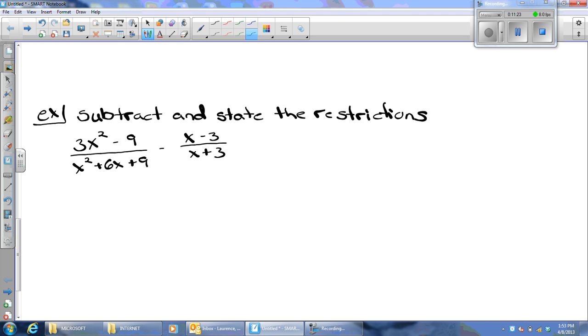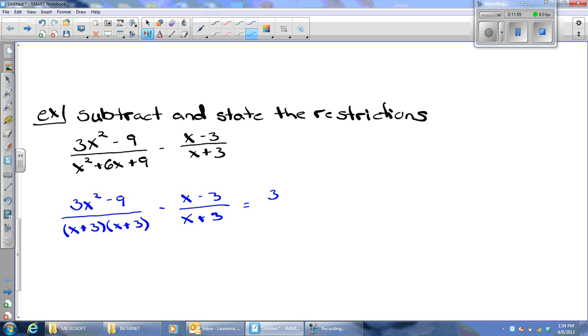So we have a 3x squared minus 9 over x plus 3 and x plus 3, minus x minus 3 over x plus 3. Okay, so now I see I already have an x plus 3 over here, so we just need to multiply another x plus 3.